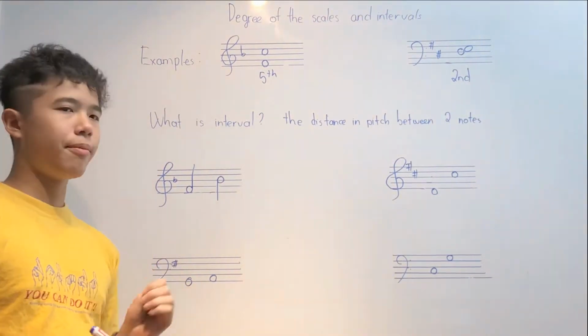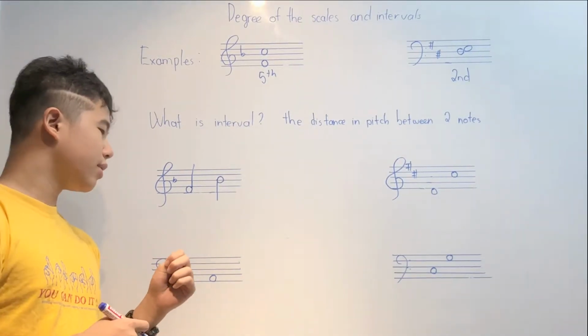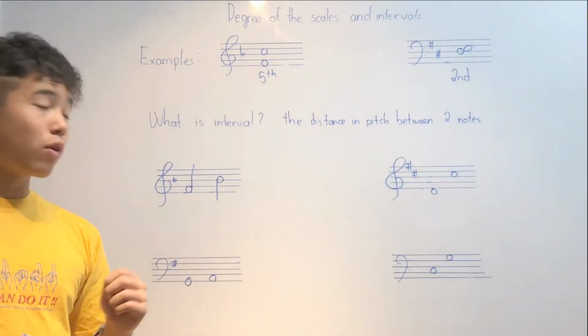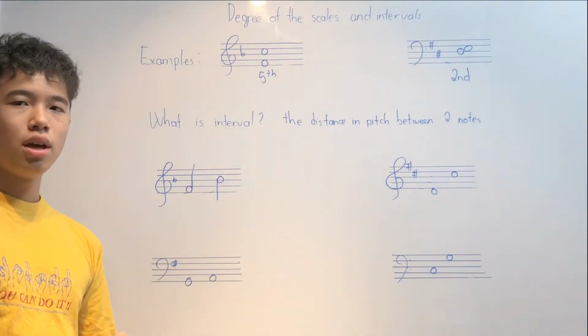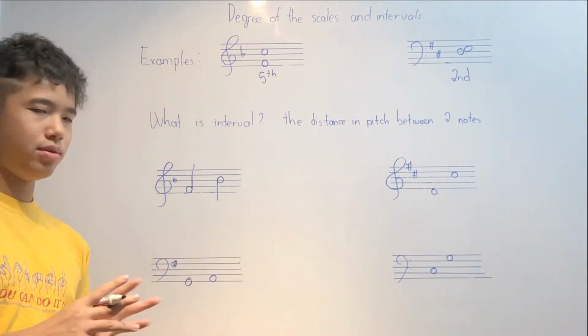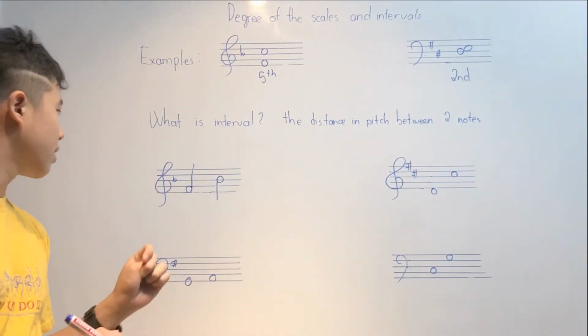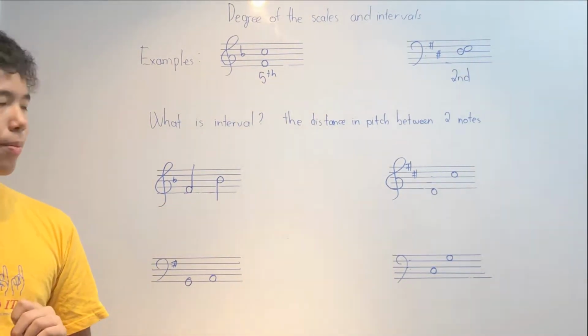Let's move on to some examples for you to better understand. Remember, interval always counts from the lower note, even if it comes behind the upper note. Remember that. This one, the clef is treble clef.